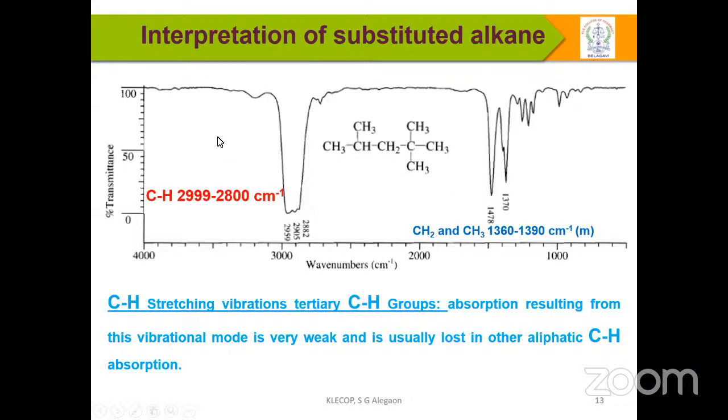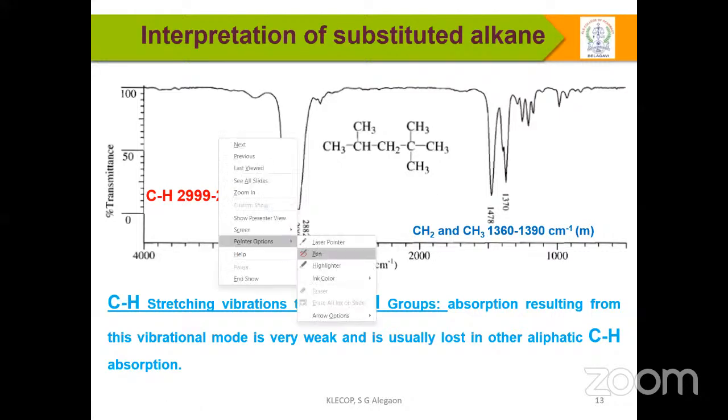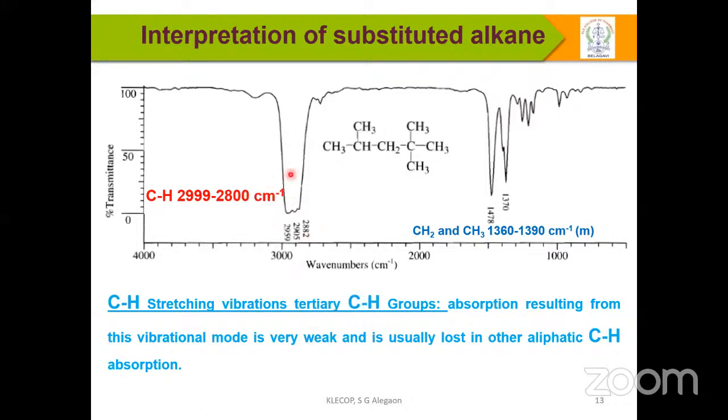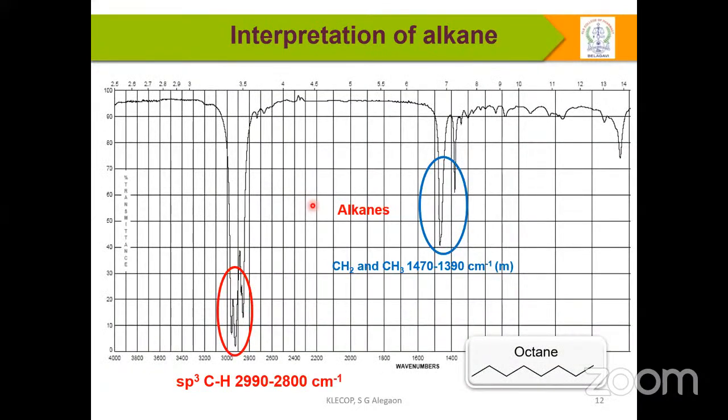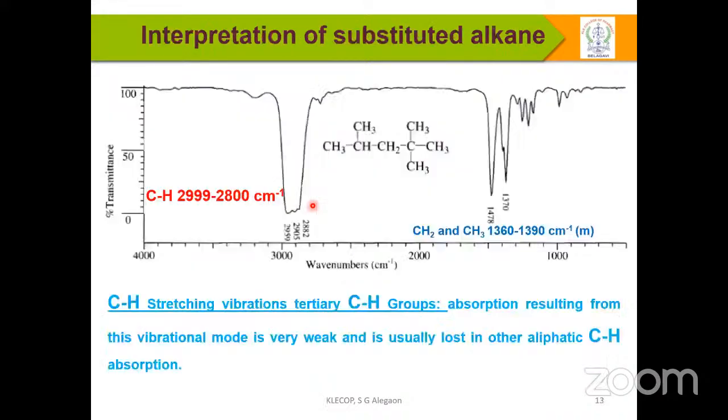But when I look at this, this is the broad peak. Can you observe? If you see the previous one, these are sharp peaks, and these sharp peaks we are going to observe in the plain alkane. But these broad peaks we get in the branched alkane.